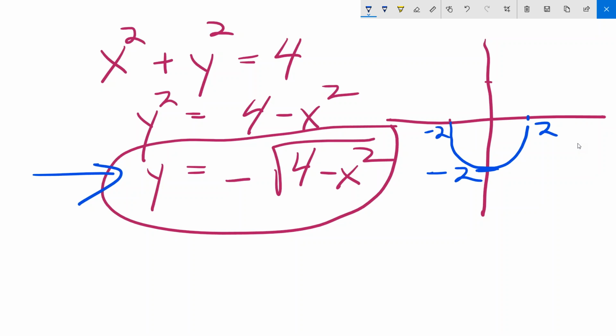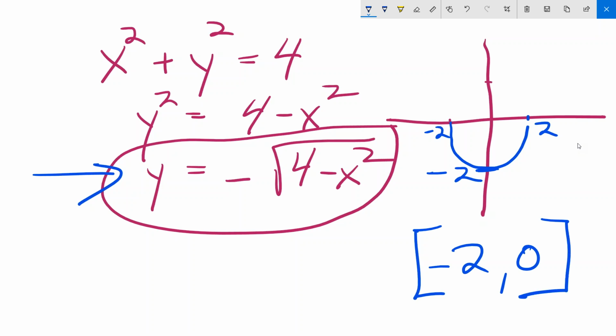So our range only goes from minus 2 to 0. It can be minus 2 and it can be 0. So this is the range.